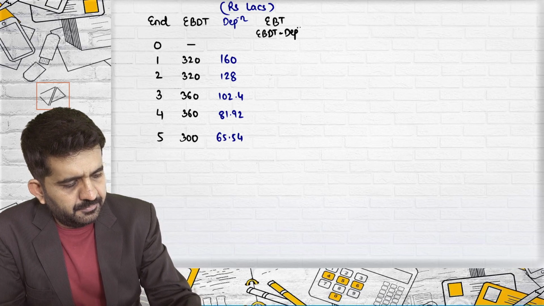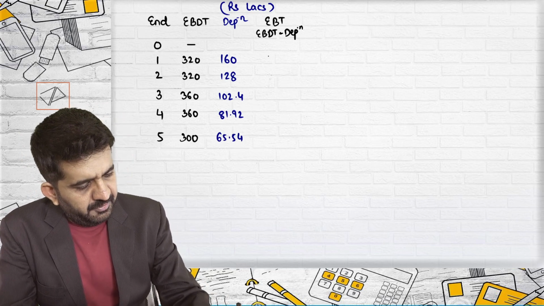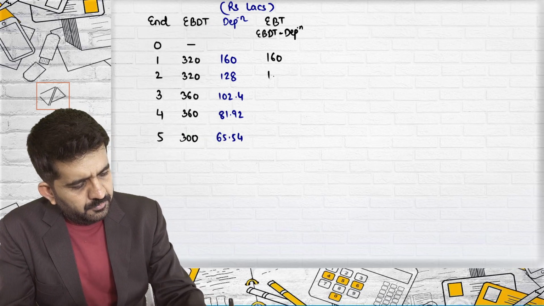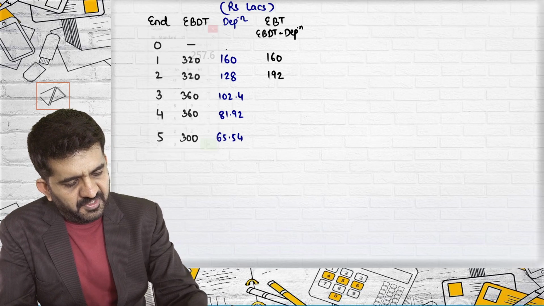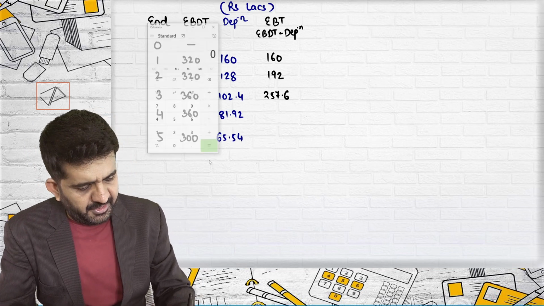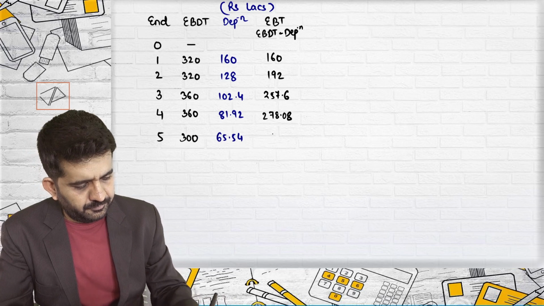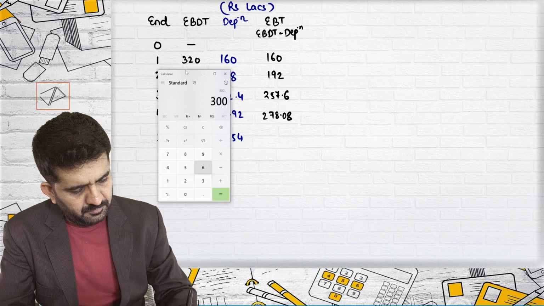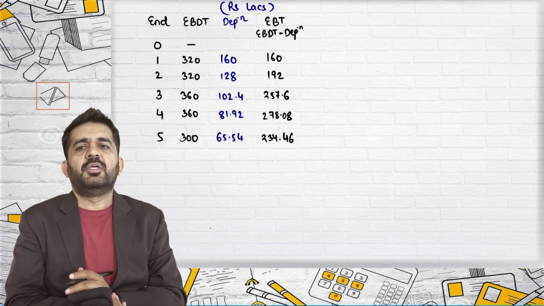EBDT minus depreciation. 320 minus 160 will be 160. 320 minus 128 is 192. 360 minus 102.4 is 257.6. 360 minus 81.92 is 278.08. 300 minus 65.54 is 234.46. I've got EBT.